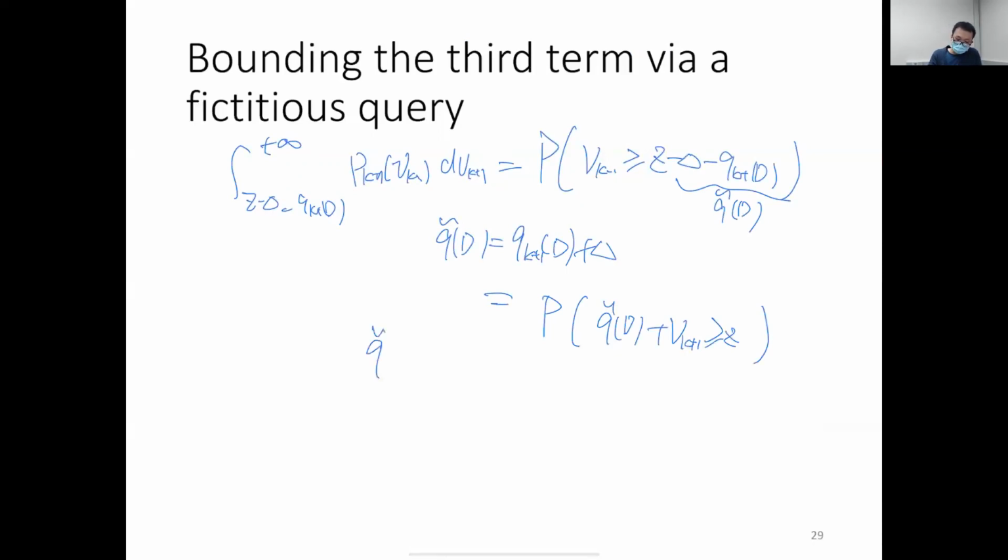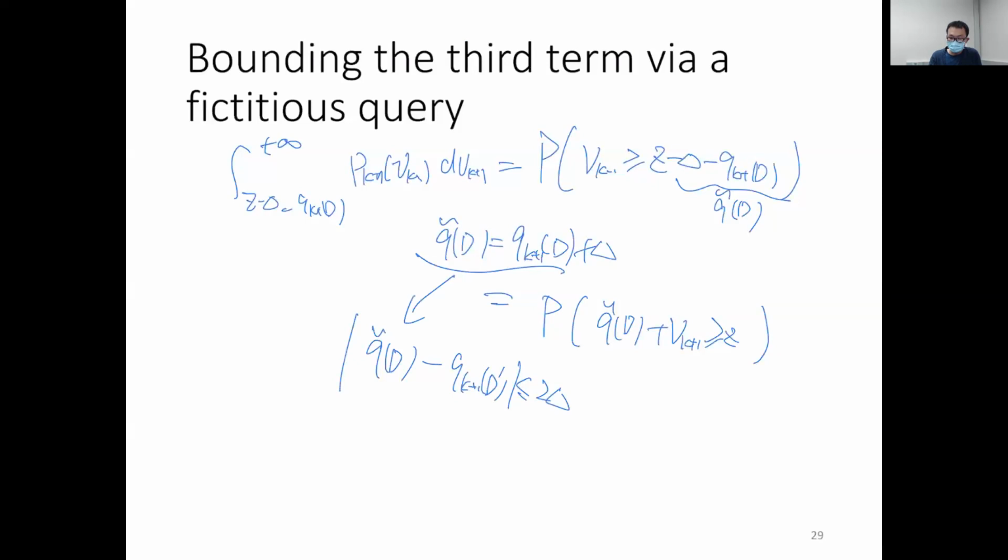Notice that since qk plus 1 d differs from qk plus 1 d prime by at most delta, q tilde minus qk plus 1 d prime is at most 2 delta, by the definition here and because d and d prime are neighboring data sets.